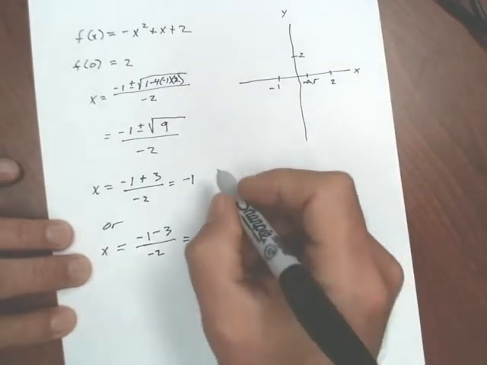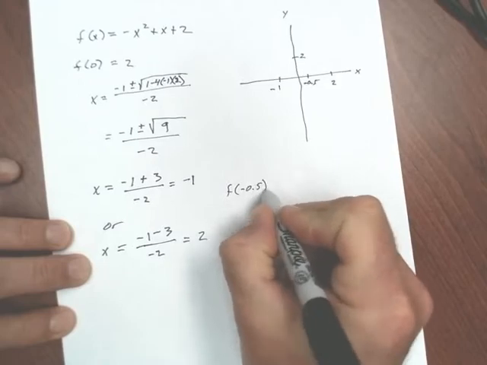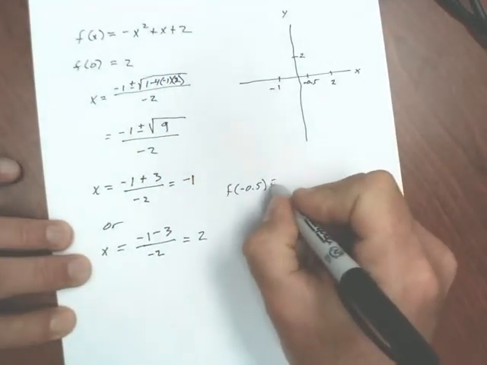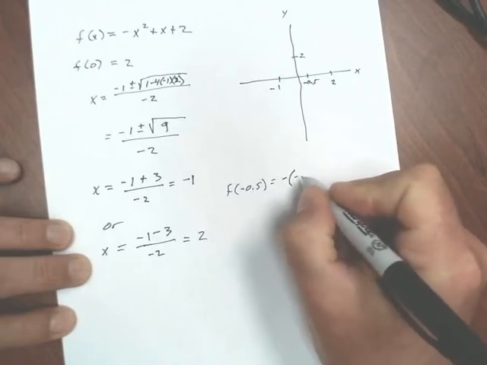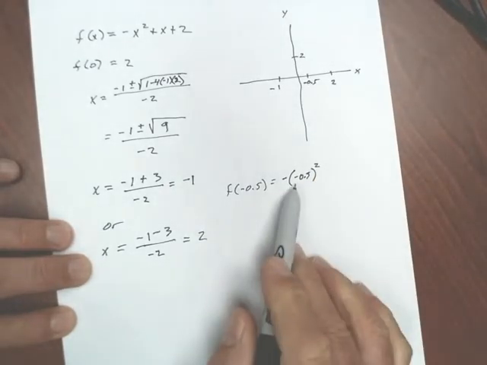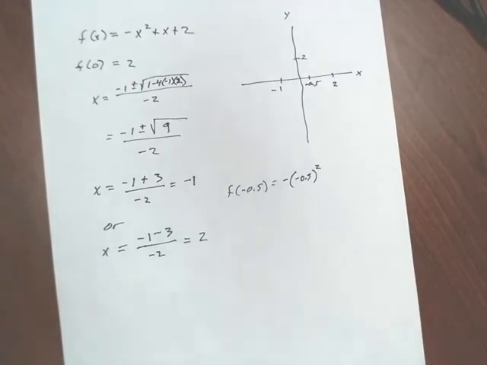Now we need to find the y-coordinate of the vertex, and so we would plug 0.5 into the original function. Excuse me, I'm sorry.